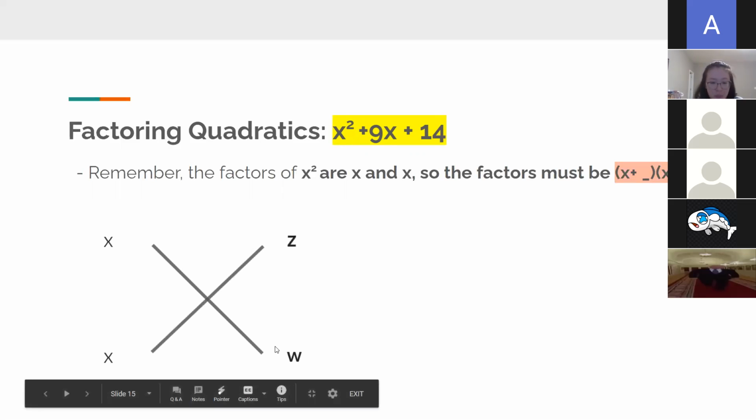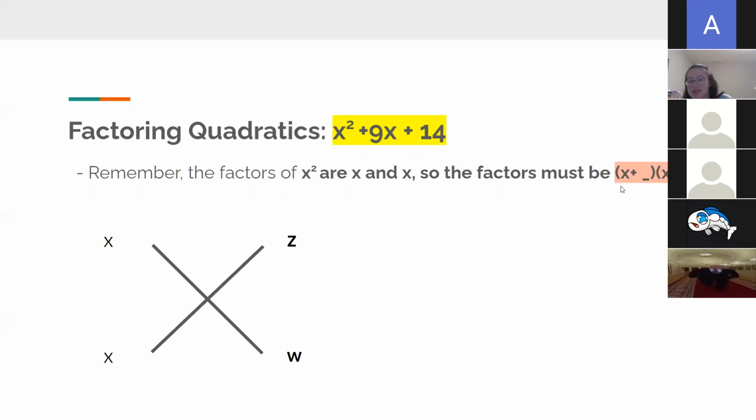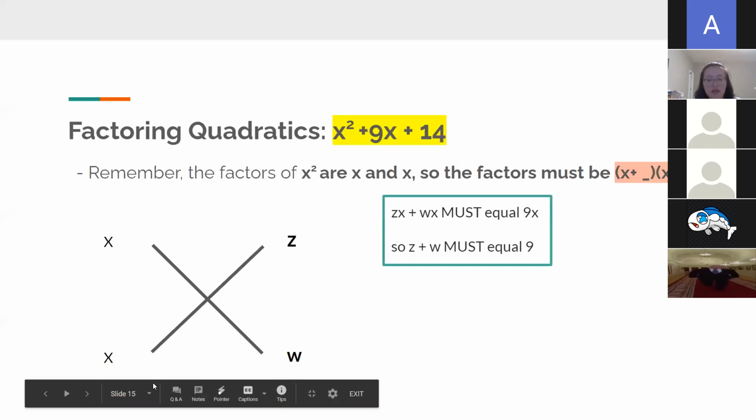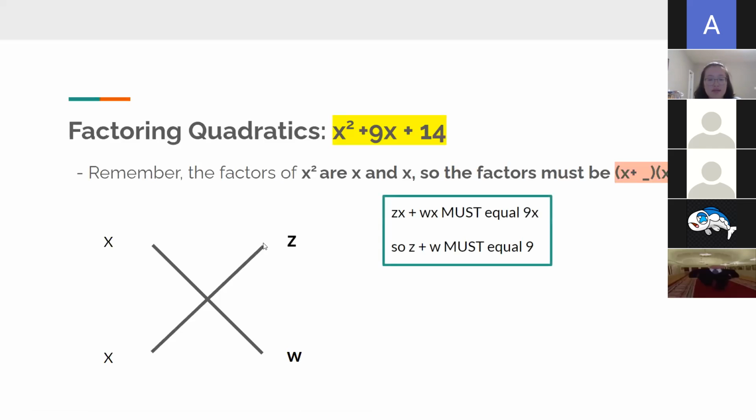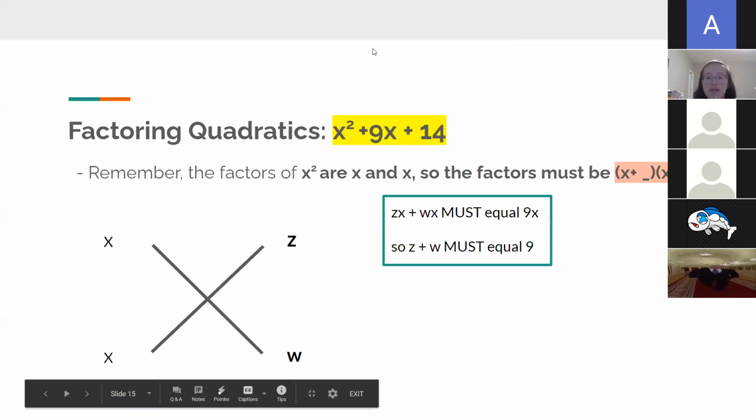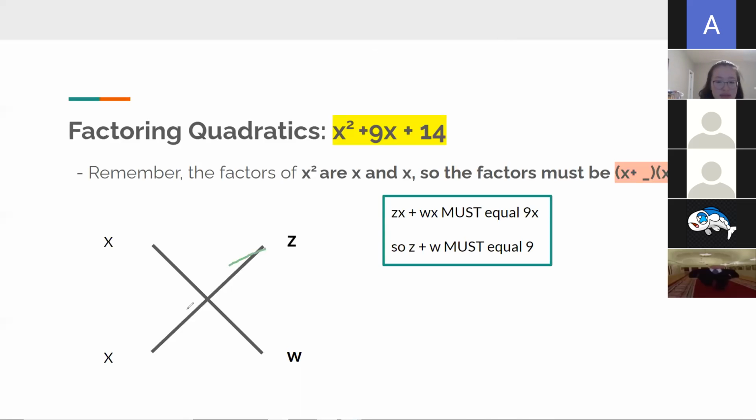Okay, so we would write it like a cross. You have the x and then the x, and then the cross and then the zw. Our zw is the blank from x plus blank and x plus blank. It would be x plus z times x plus w. So z times x plus w times x must equal 9x.